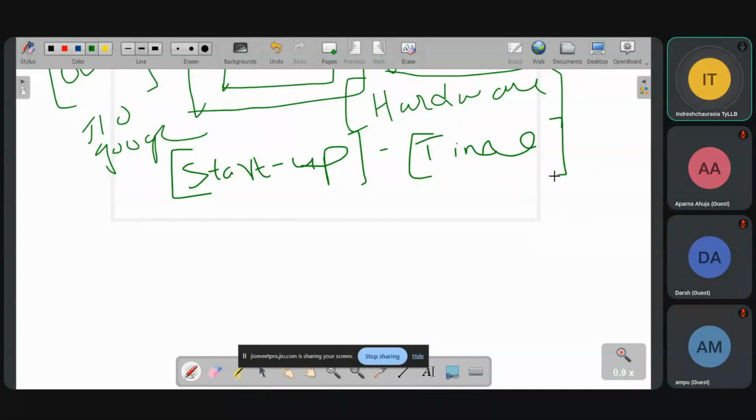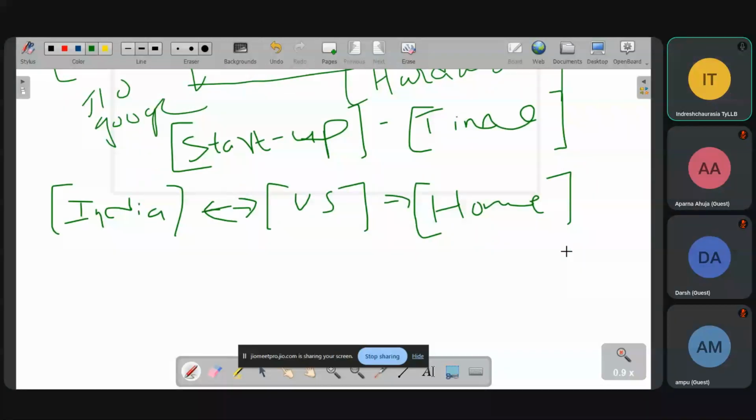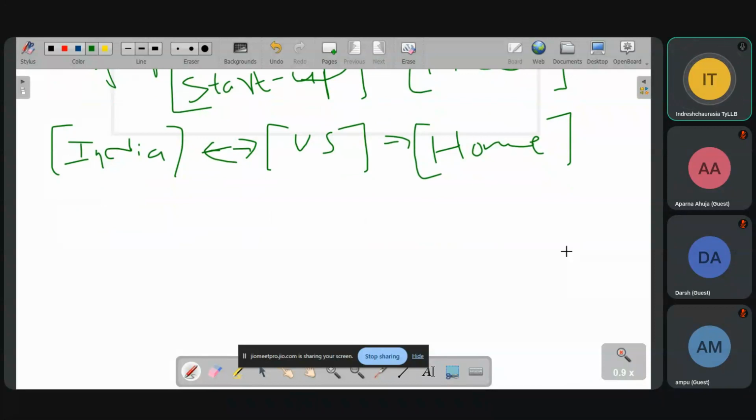Suppose you stay in India, your home is in India, but when you go to the US, are you able to buy a home there as soon as you go? If you are rich you can, but for people like us, when we go from India to the US, immediately buying a home is not an option. So we will rent a home for a particular time period.